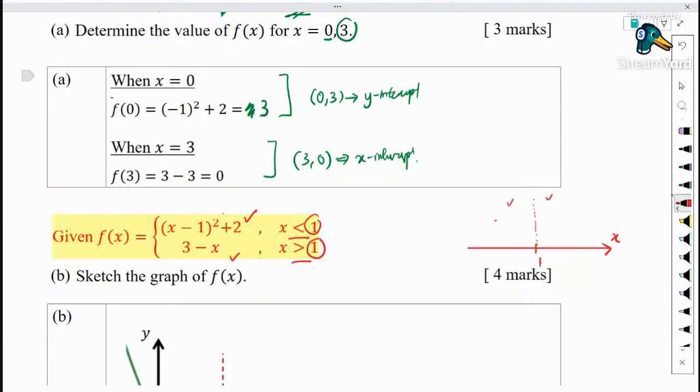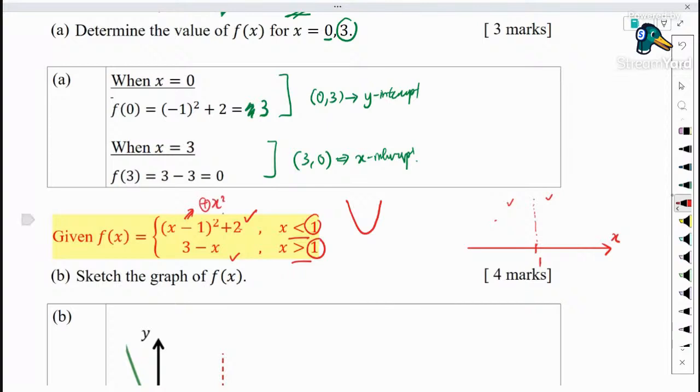So in here, let us consider how to sketch this quadratic, which is already in the completing the square form. First of all, we realize that the shape of the curve is a smiling face graph because I have a positive coefficient for x squared.